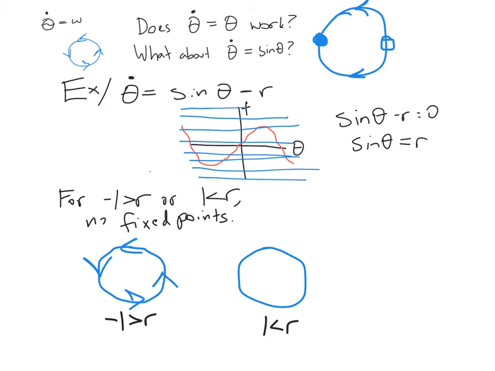But let's think a little bit more about that, because let's say r is somewhat close to -1. In that case, when the two curves are close to each other, we're moving pretty slowly, while when they're far from each other, we're moving pretty quickly. So at -pi/2, we're moving our most slowly, and at pi/2, we're moving our most quickly.